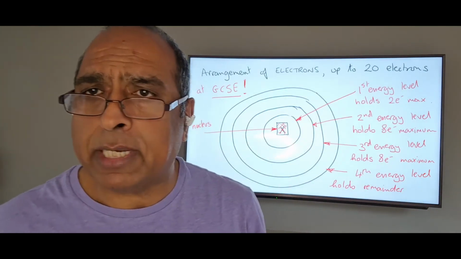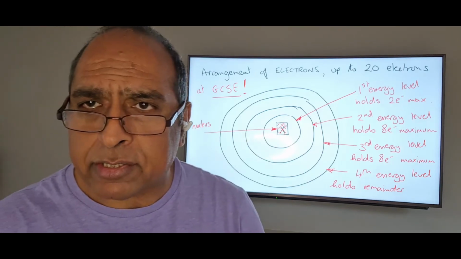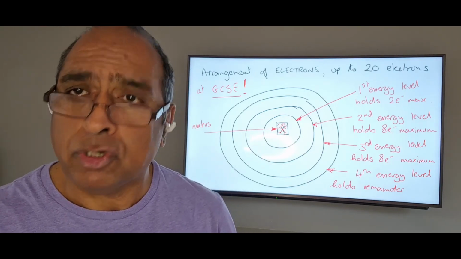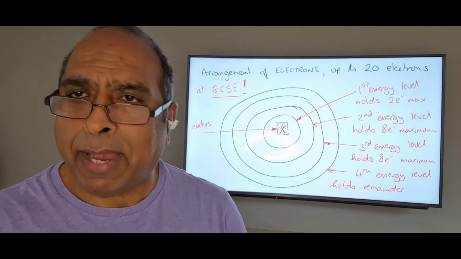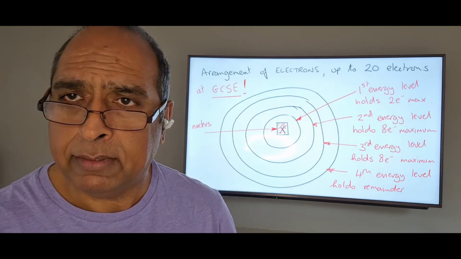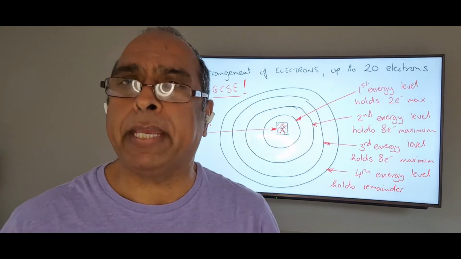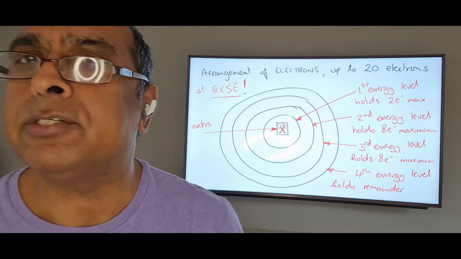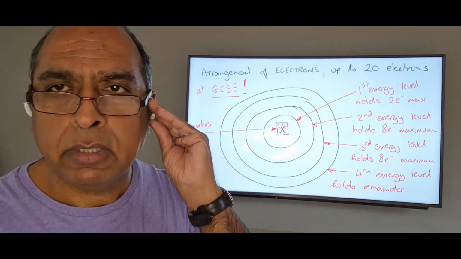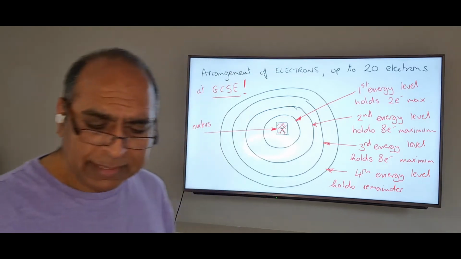Where potassium is, draw an atom of potassium. The biggest atom will be calcium. Draw an atom of calcium. You don't have to draw anything bigger. Now, you have to know about bigger atoms, but you won't ever be asked to draw atoms that are bigger. So, let's have a look.